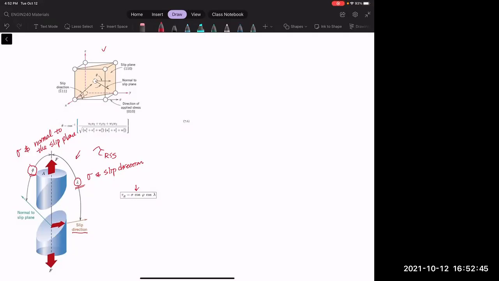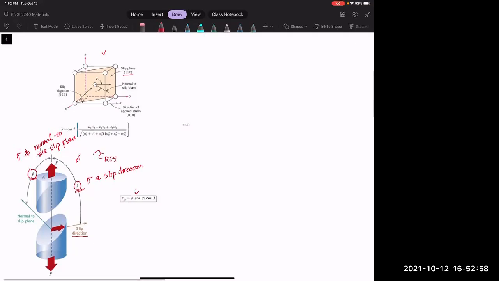If you have a plane, the yellow one, that is the slip plane, and that plane is 110. Then the direction normal to the plane will be this direction, from this one to here.